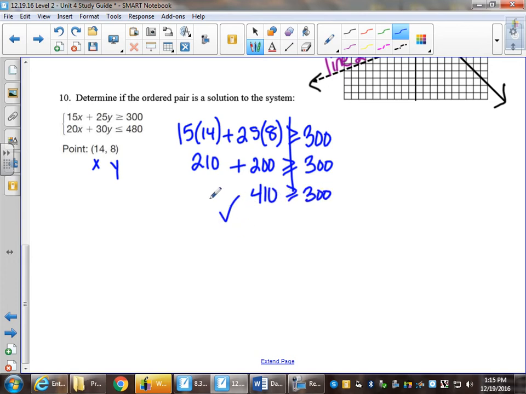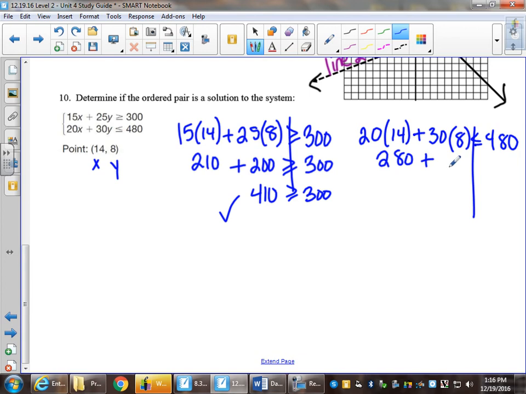If this had come out as false, we would be done. We would say no. But so far, so good. Let's check it in the second inequality. So 20 times 14 plus 30 times 8 less than or equal to 480. See if this comes out true. So 20 times 14 is 280, plus 30 times 8 is 240.